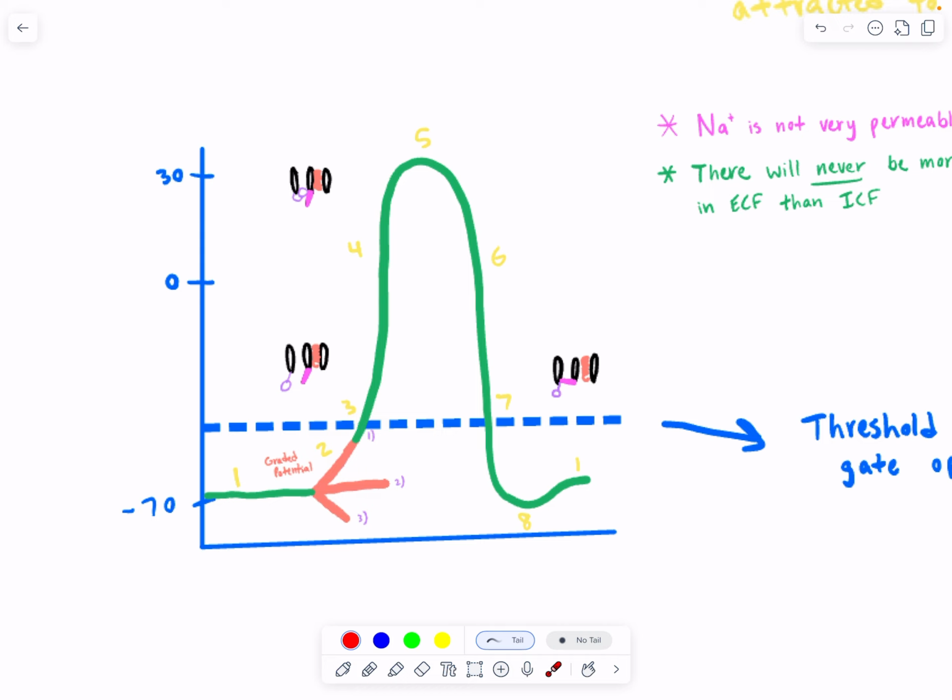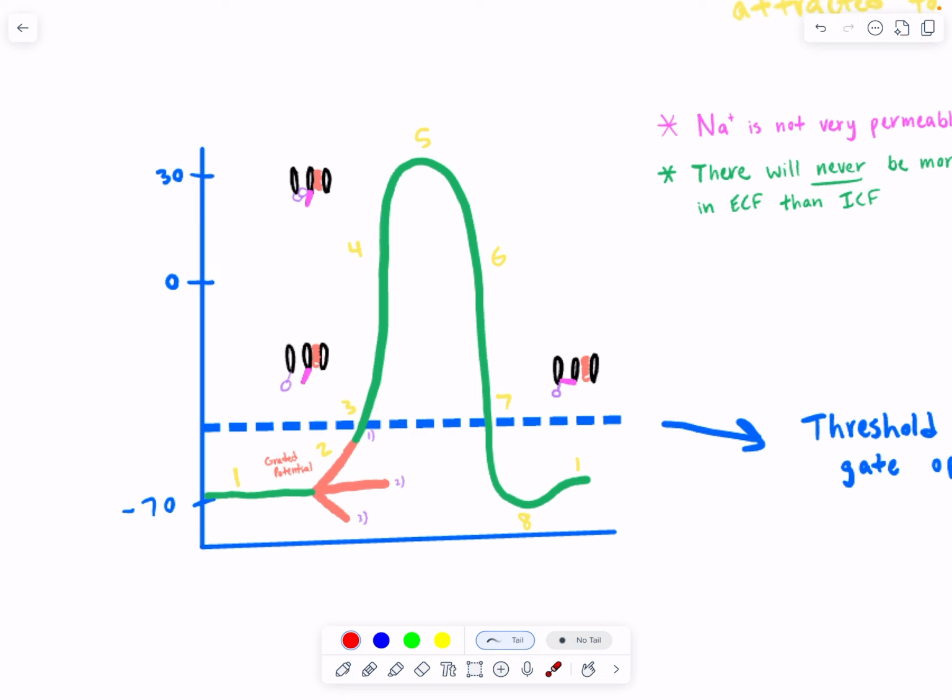This is when sodium channels close and when potassium channels open. So the potassium leak channels are always open, like we talked about, that keeps that resting membrane potential. So those are just always open, and the pump is always going.